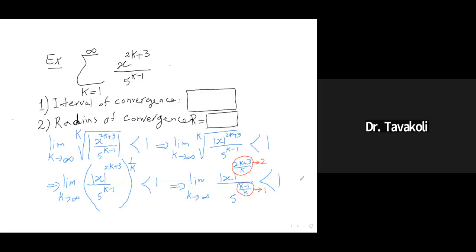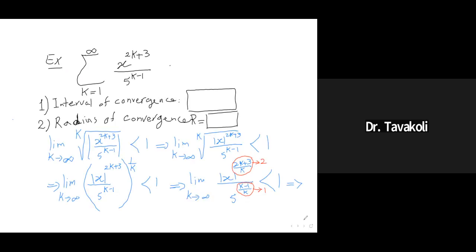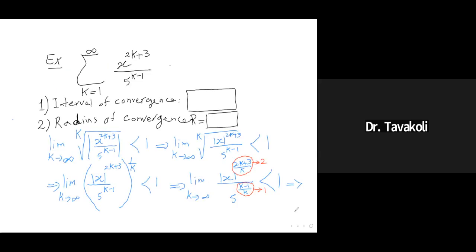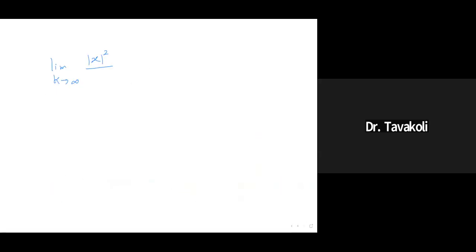So let's see what we have so far. The limit as k tends to infinity: from the top, we have absolute value of x to the power of 2. From the bottom, we have just 5, since 5 to the power of 1 is just 5. It should be less than 1.